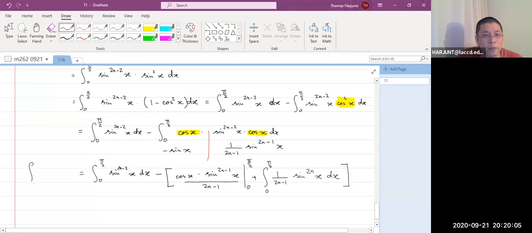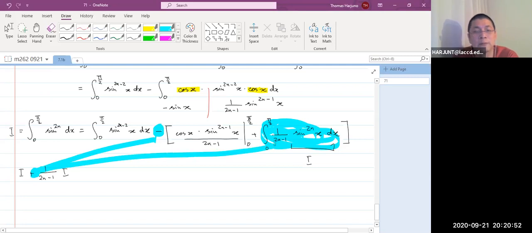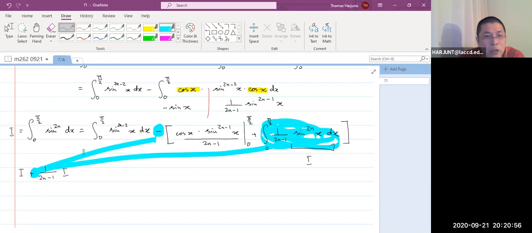Now notice that on the left hand side I have the integral from 0 to pi over 2 of sine to the 2n dx, which, let's call that I. This is also I. So I minus 1 over, actually becomes plus, becomes plus 1 over 2n minus 1 I. This guy here, together with this negative, go here.